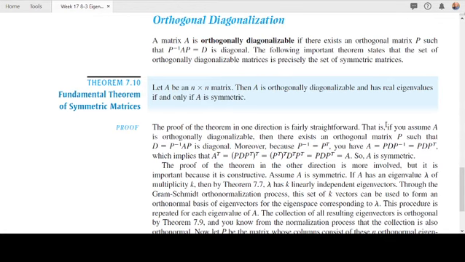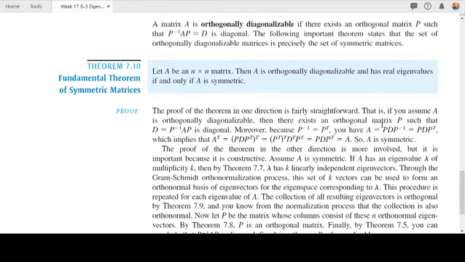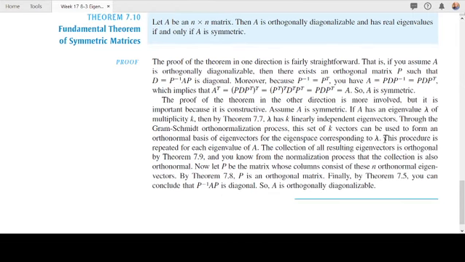The proof in the other direction is a bit more involved, but is still doable. Let's look at it. It's very important, it's very constructive. Assume that A is symmetric.